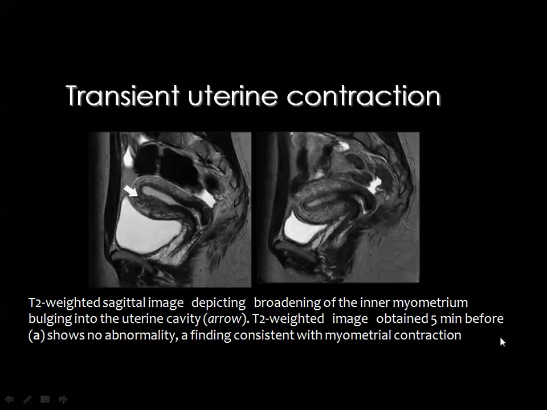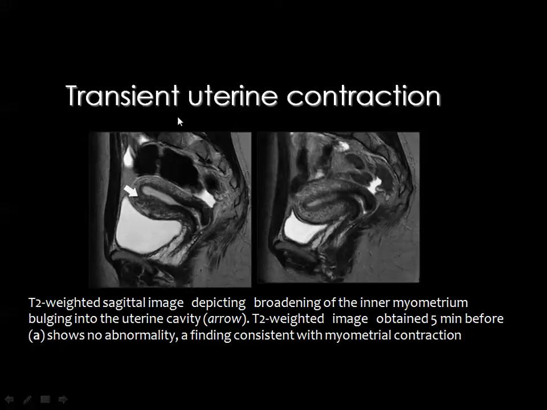If you look here, you see some loss of definition of the junctional zone and relative abnormal signal in the myometrium. But the scan obtained immediately after this one showed normal appearance.